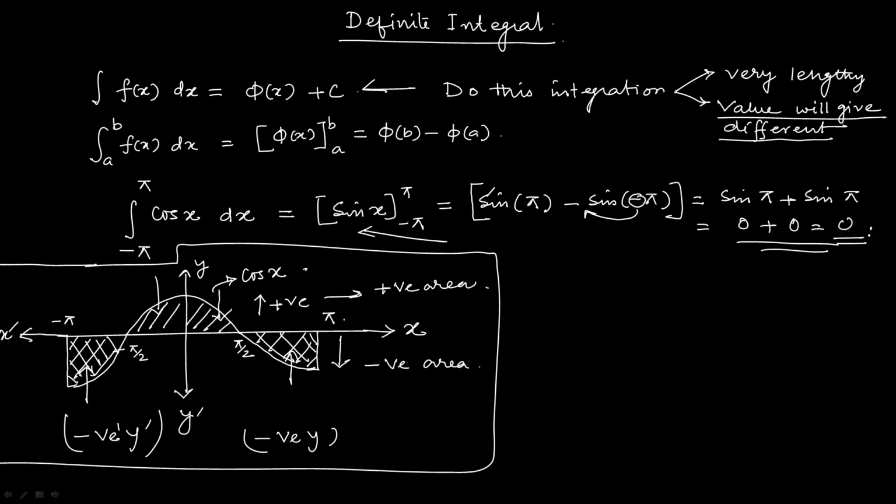Let us see whether this integration is correct or wrong. We have to verify that. How to verify those things? Let us do a few problems, then we will understand.